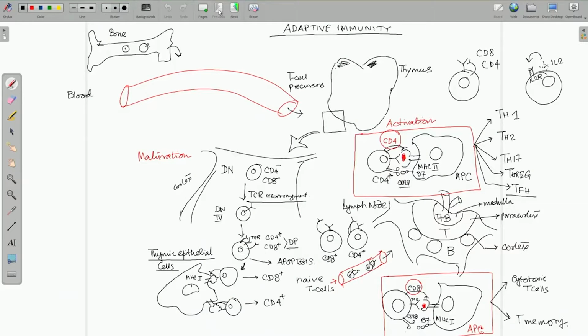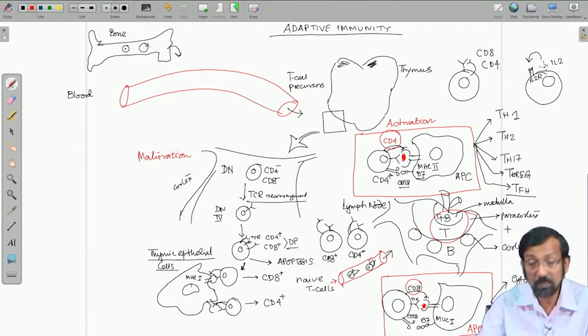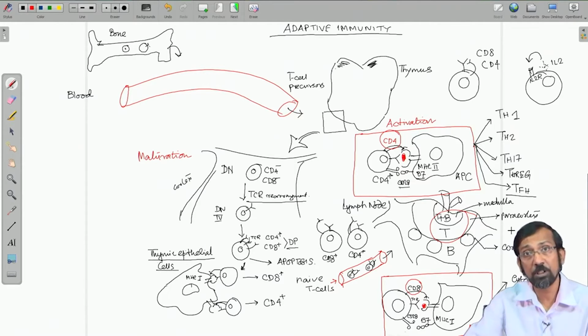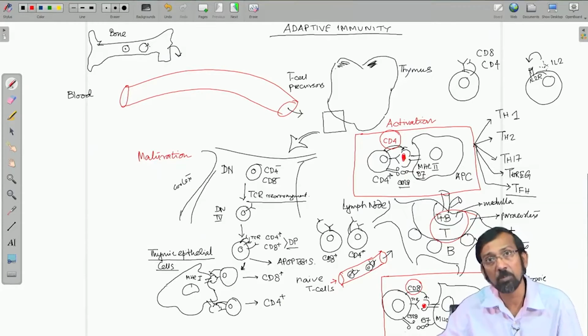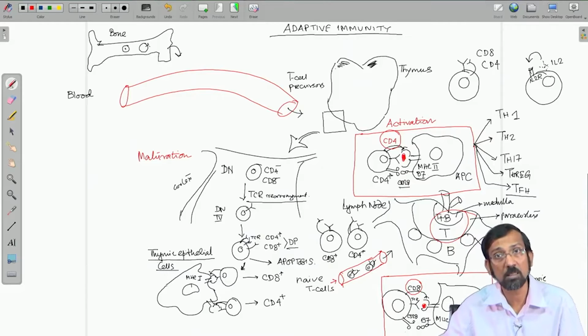So, if we look into the picture from the last lecture, we described the cell mediated immunity, that is the T cell mediated immunity, and we left primarily in this lymph node, where we discussed how these T cells get activated in the paracortex and then differentiate into different types of T cells, among which a very important class is the T helper cells, that is the CD4 plus T cells.